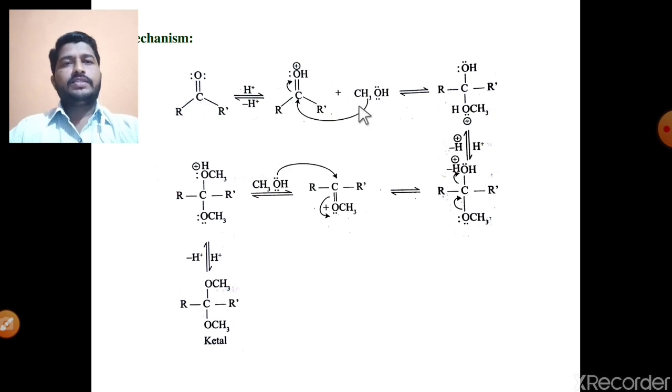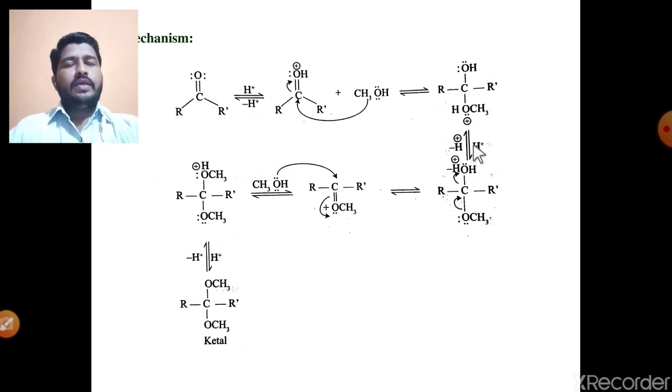Second step: the alcohol molecule, CH3OH, has an oxygen with two electron pairs, and one electron pair attacks the carbonyl carbon. At the same time, the pi electrons shift towards the oxygen, neutralizing the positive charge of this oxygen, as well as forming the bond between the carbonyl carbon and the oxygen of the alcohol.